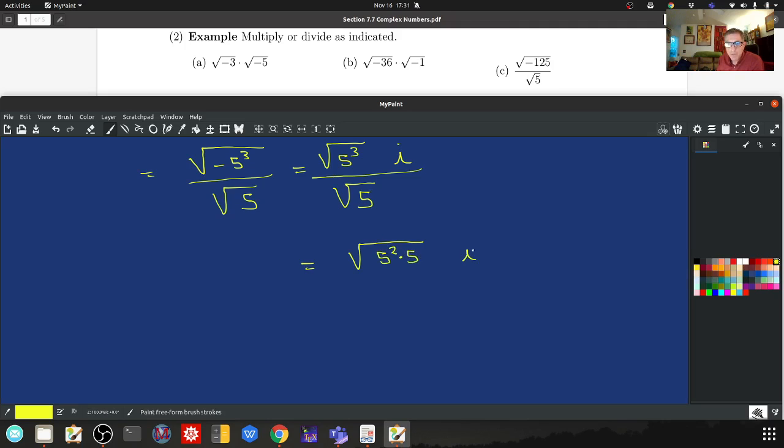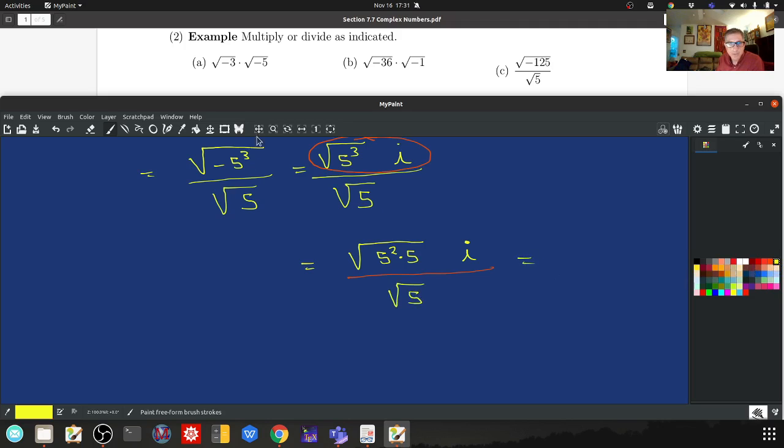Now all of that's multiplied by I. So all I've done right there is rewritten the numerator. I've not done anything with I, but I've rewritten 5 cubed as 5 squared times 5. And this is still over the square root of 5.